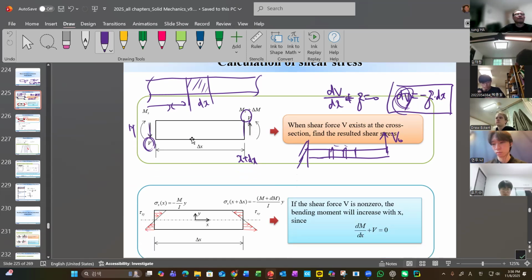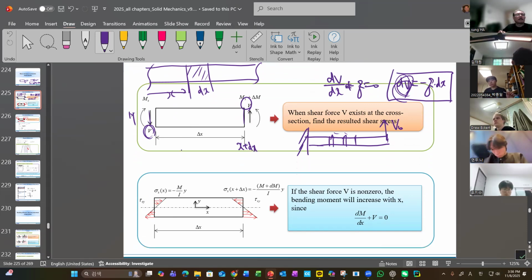This is the starting point for how we calculate the V. Now, from equilibrium, we know that the moment M would cause the stress sigma x like that. We know this is the equilibrium between the moment and sigma x.